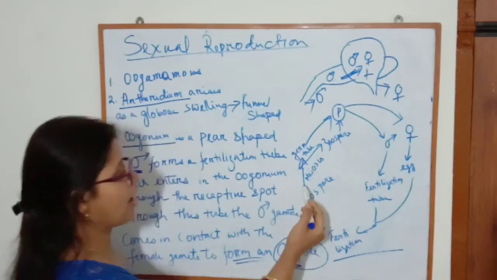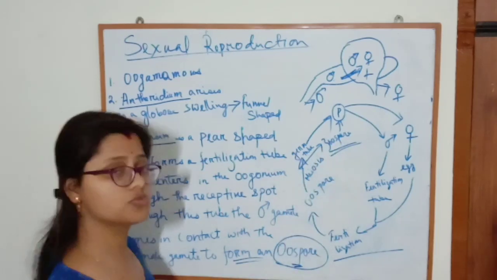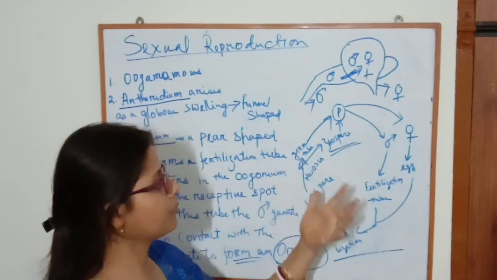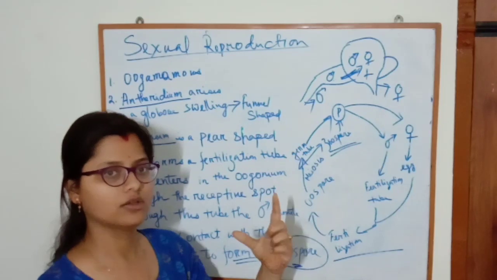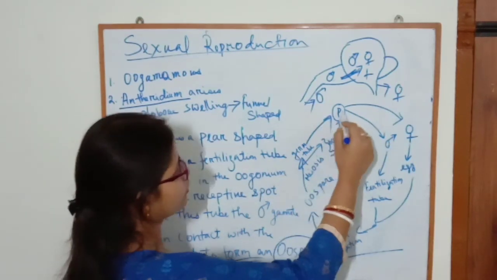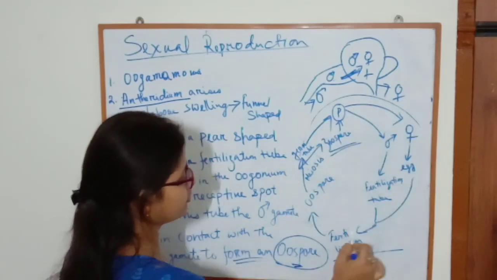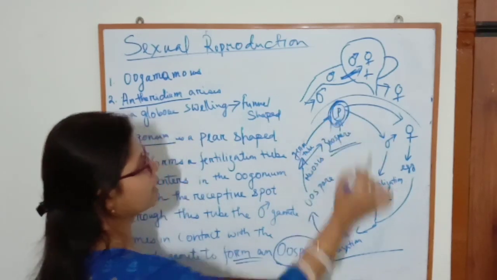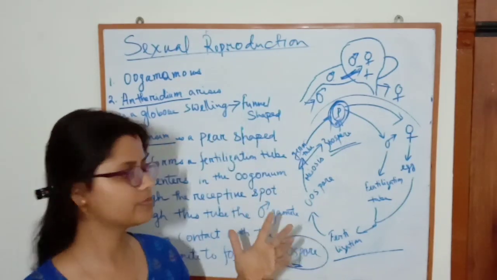Or sometimes after meiosis they form spores from the oospore, known as zoospores, which are motile. When the zoospores come in contact with the host tissue, they form one Phytophthora species. In this way, this is the cycle of sexual reproduction: male, female, then fertilization, oospore, and after meiosis they again form one species. So overall, this is the life cycle of Phytophthora. Thank you.